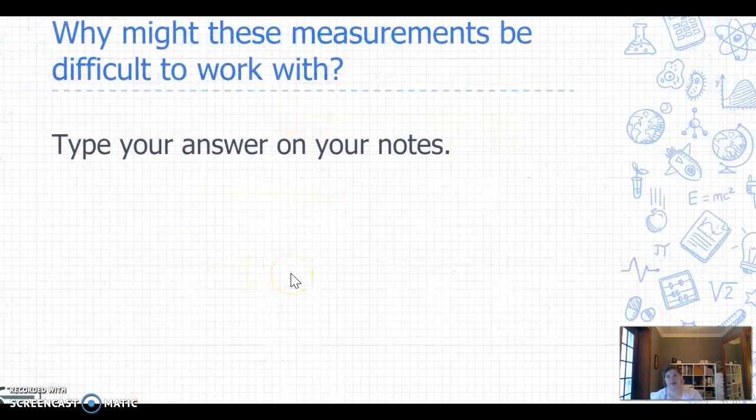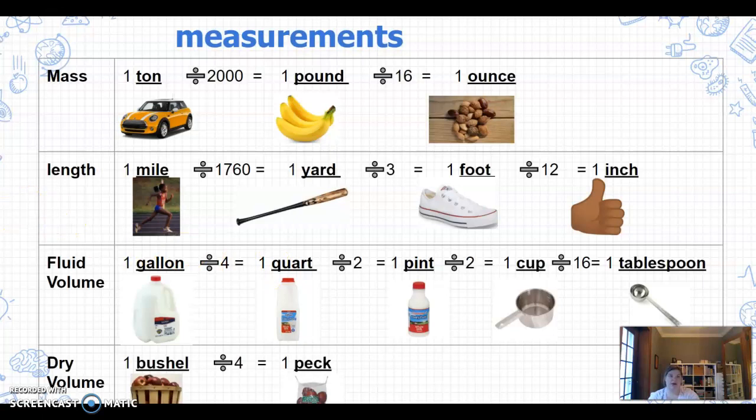And some of you might say things like, it's not easy to convert between the different sizes within a specific type of measurement. So if we're talking about mass, how much something weighs, or the length of something, or its volume, how much space it's taking up, then within those different degrees, it's hard to make the conversion.